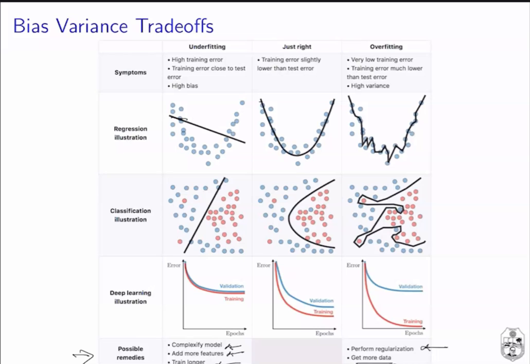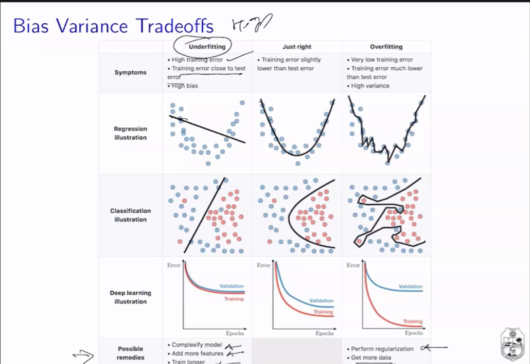Now, how do we recognize these situations? Underfitting is recognized when you get a high training error, and the testing error is close to the training error. That is the symptom, or the indication, of underfitting or high bias.